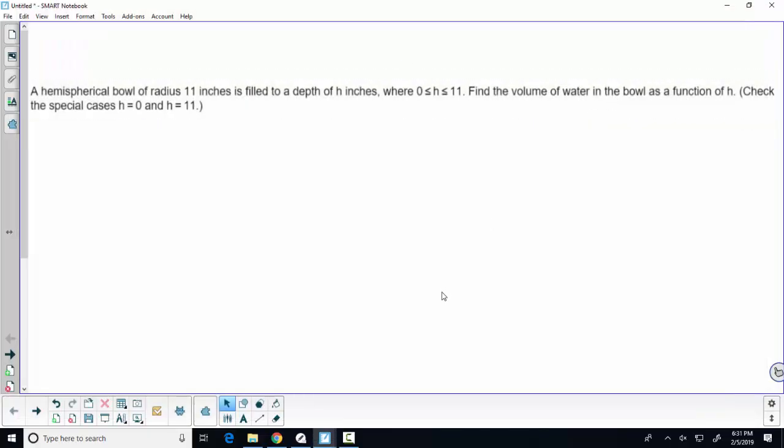All right, so this one is from your homework 6.3, question number 13.